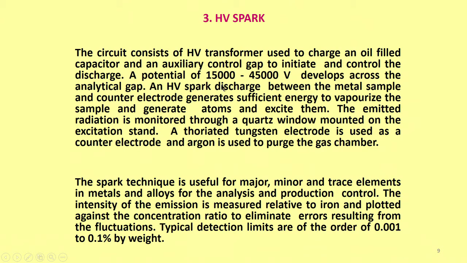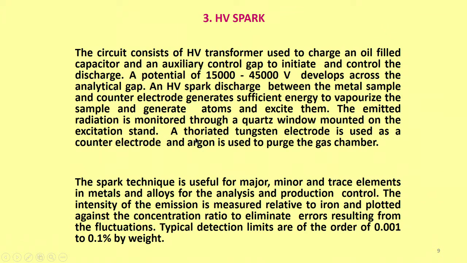A high voltage spark discharge between the metal sample and the counter electrode generates sufficient energy to vaporize the sample and generate the atoms and excite them. The emitted radiation is monitored through a quartz window mounted on the excitation stand.